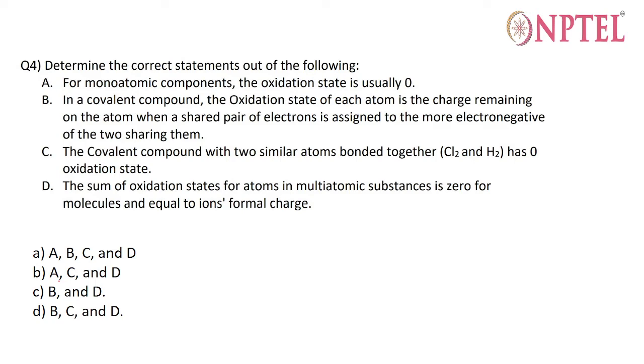Determine the correct statements out of the following. You have to write down which are the correct statements. For monoatomic components, the oxidation state is usually 0. In a covalent compound, the oxidation state of each atom is the charge remaining on the atom when a shared pair of electrons is assigned to the more electronegative of the two sharing them.